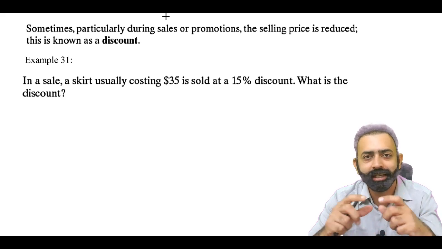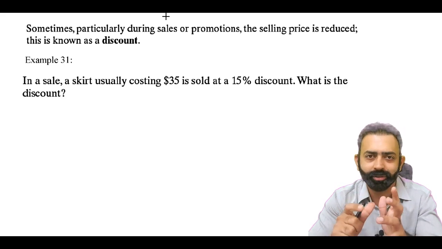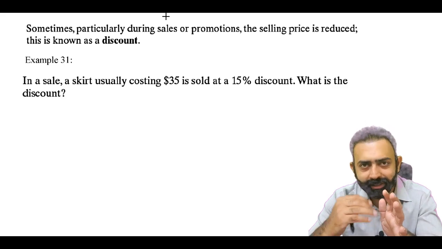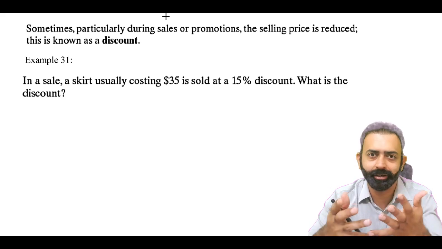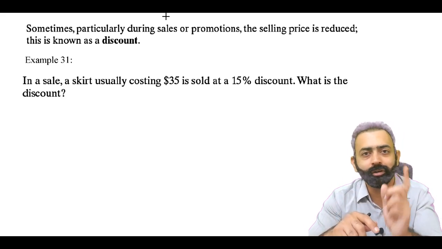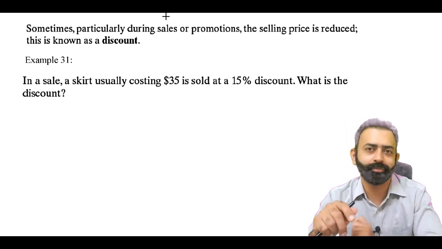What they do is increase the price and label the increased price on the item. Suppose an item costs $1,000, so they increase the price and mark it. Let us say the increased price is $1,500 or $1,200, and then they offer the discount on that 1,200 or 1,500, which is the marked price.